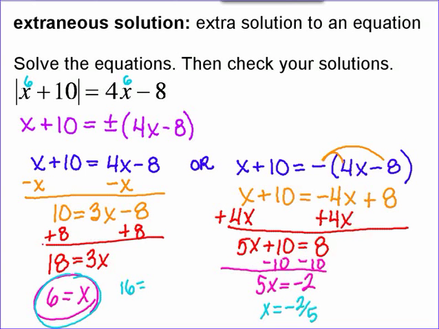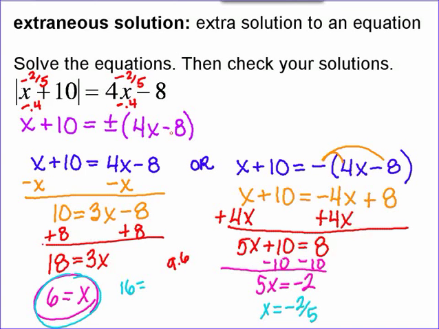Now the next one, I got to put in my 2/5. Actually, it's negative 2/5. Since you're checking, if you wanted to, you could actually use negative 0.4 because that is in fact what negative 2/5 is. So let's use negative 0.4. If I take negative 0.4 and I add 10 to that, I get 9.6, and that's what the absolute value is. So now I'm going to take negative 0.4 times 4.